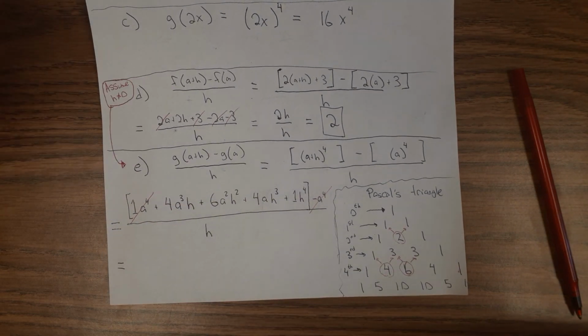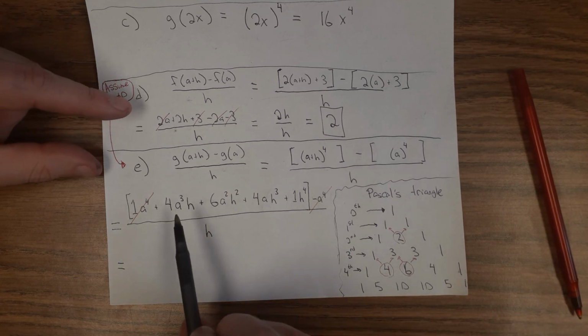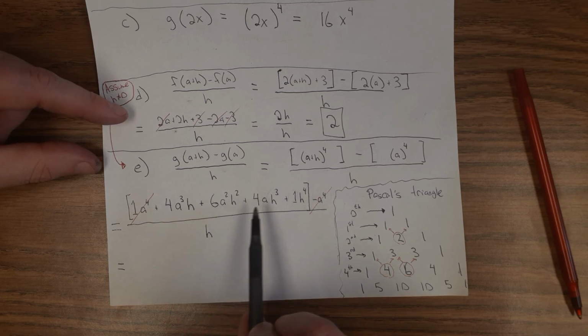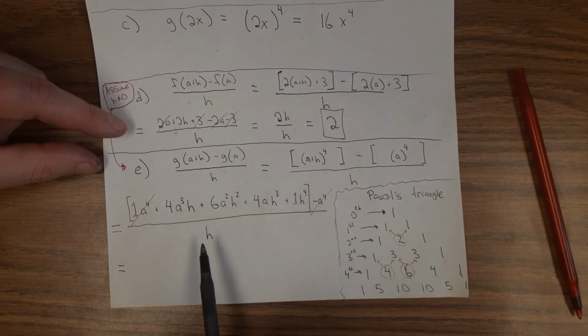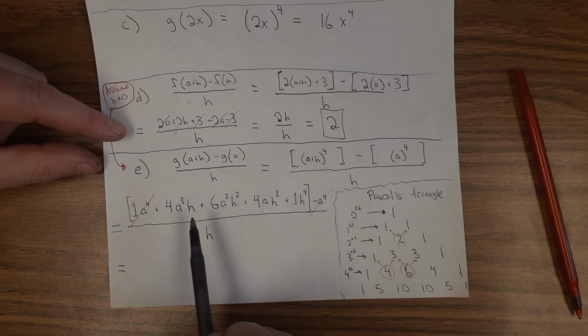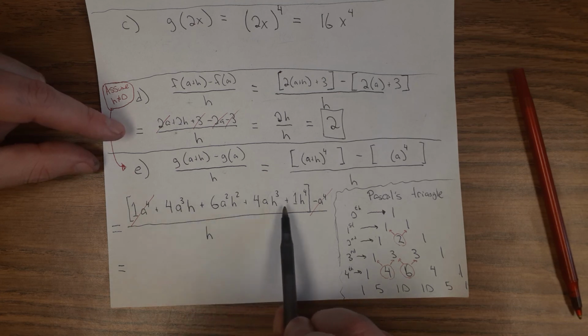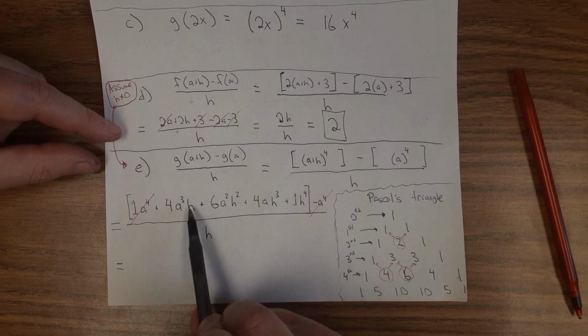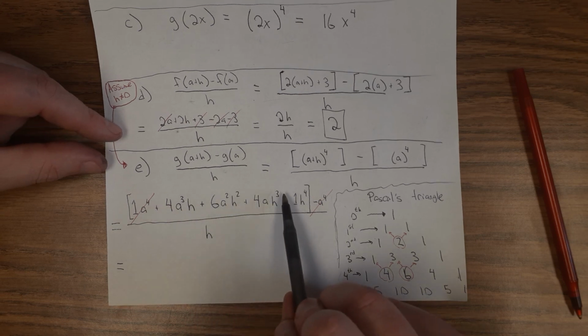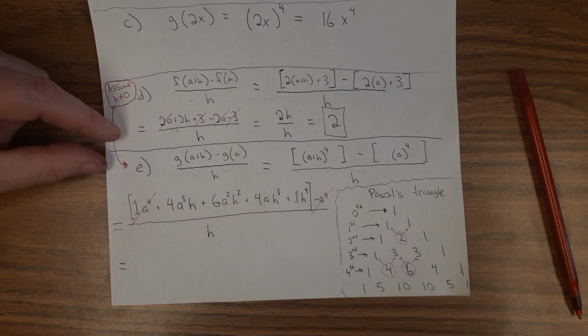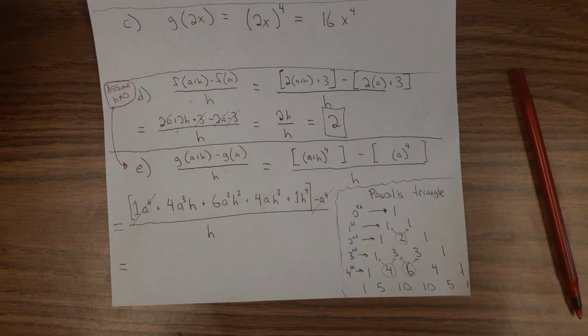And now I can cancel something else. I can cancel an h off of everything. And we want to be careful when I do this because I really have several terms on the top. The only reason why I'm able to cancel an h is because there's a power of h on everything. This one only has h, but this one has h squared, h cubed, and h to the 4th. In other words, I can pull an h out of everything. That's the only reason why I can cancel an h.